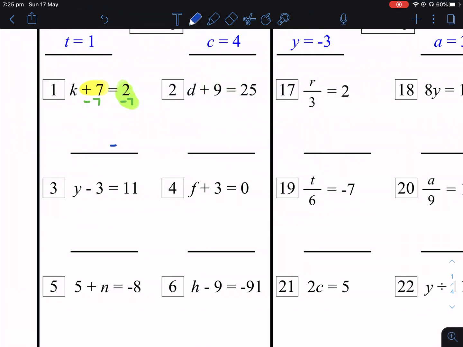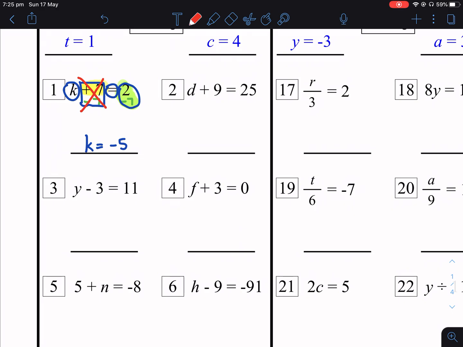It's minus 5. And on the left, we had 7 minus 7, so they disappeared. All we've got left is k, so it's k equals minus 5, yeah?